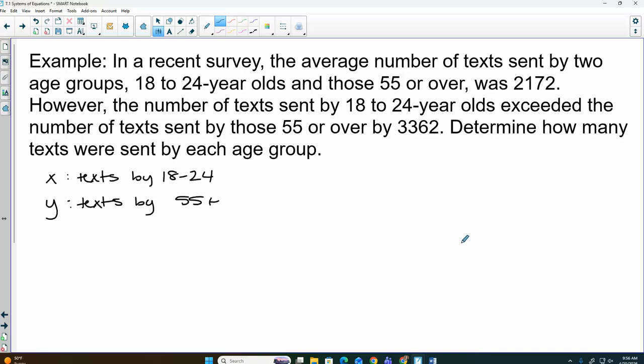So now we have to write an equation. The average sent by the two age groups. How do we find an average? x plus y divided by 2 equals 2,172.